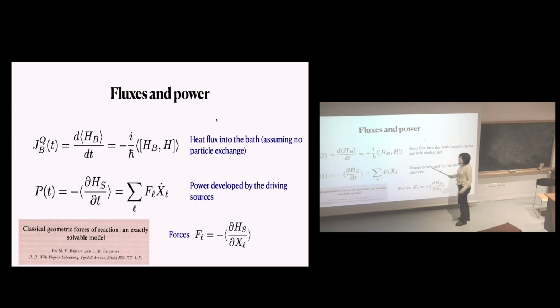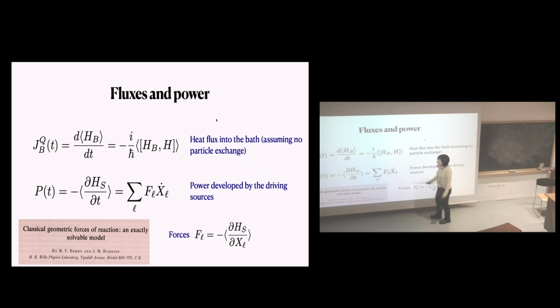Now we are going to also introduce the power. So the power takes into account precisely the change in the energy stored in the system, as a response to the external parameters.